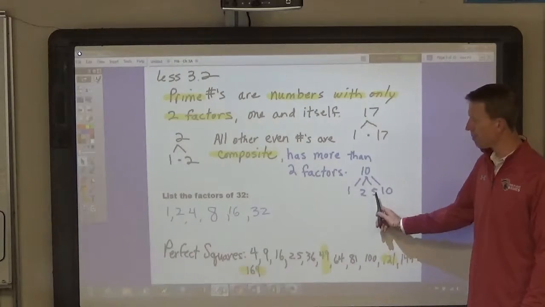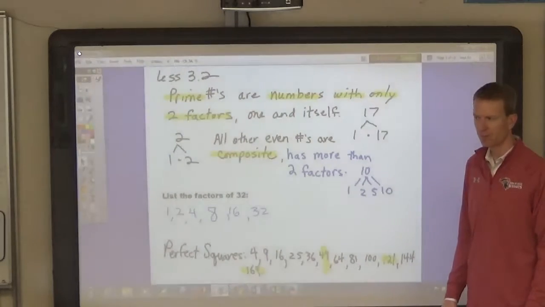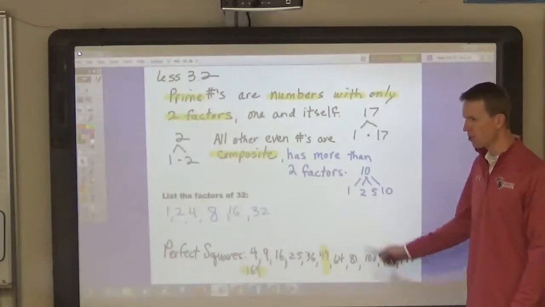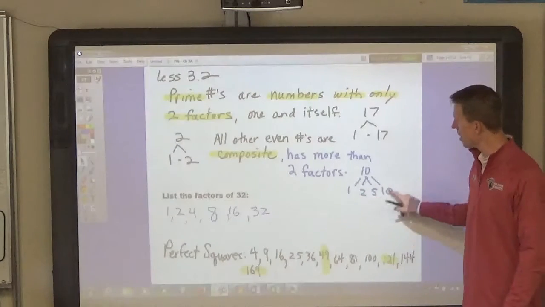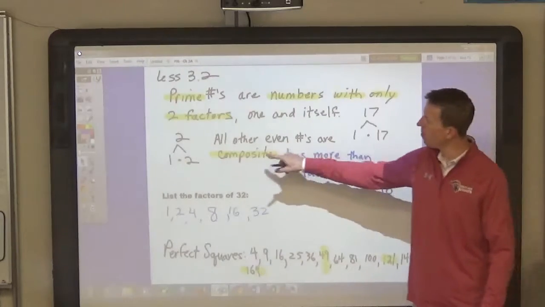We could use 2 times 5. Are there any other combinations? 5 times 2. So we can make the number 10 in different ways, right? That's why 10 is called a composite number.